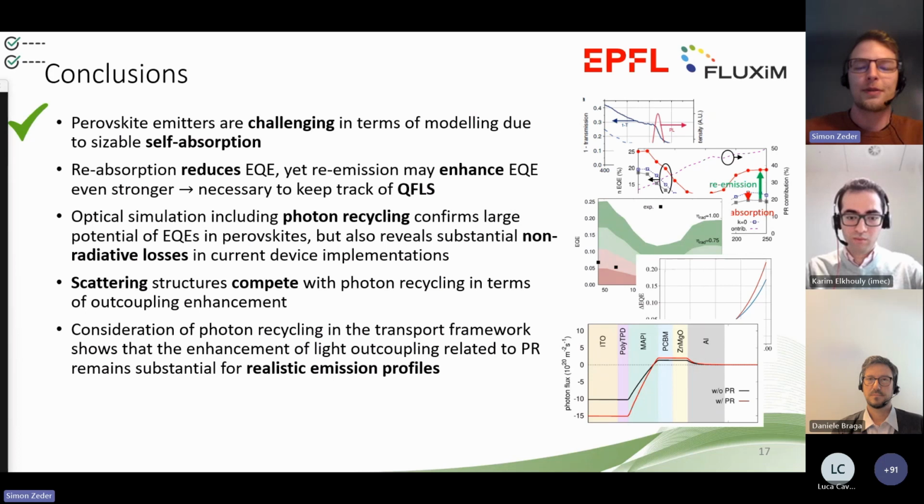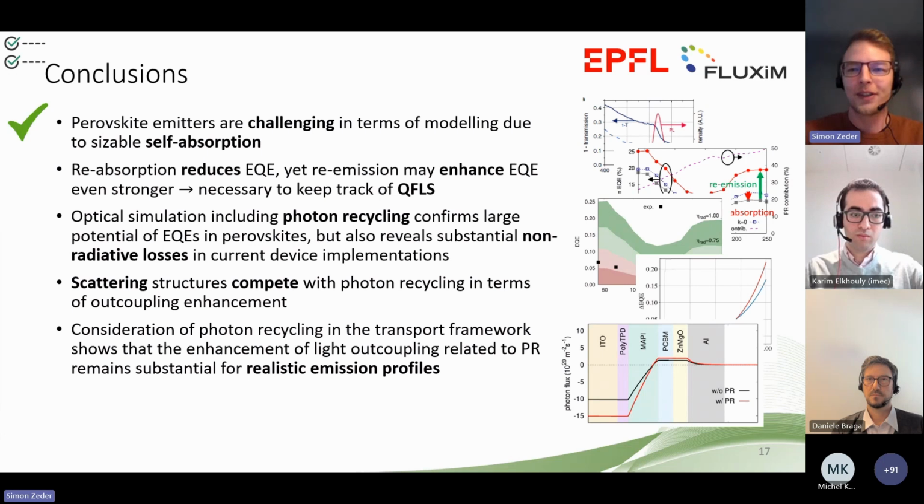Okay. Yes, of course. So there are basically two different types of divergences. The one I showed, which we also have in our model, where you saw that the emission spectrum diverges for low energies, but this is related just to the low accuracy of the NK data, since our model is completely based on these detailed balance considerations.